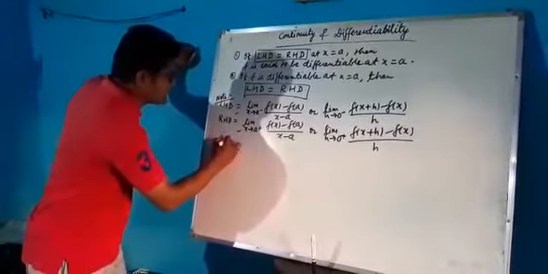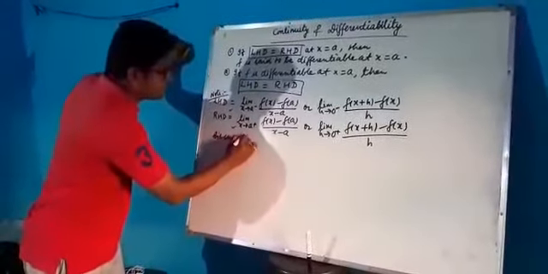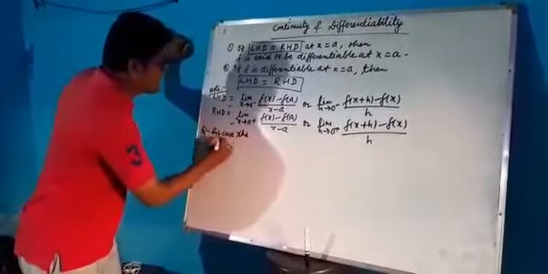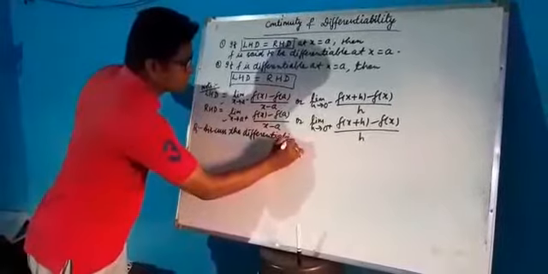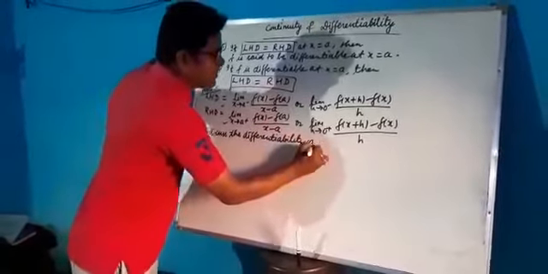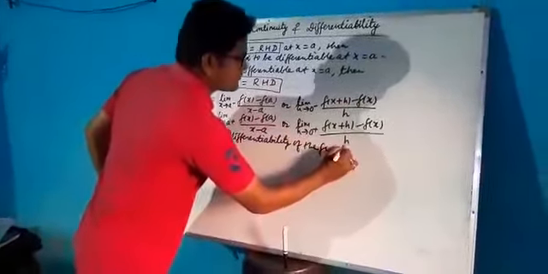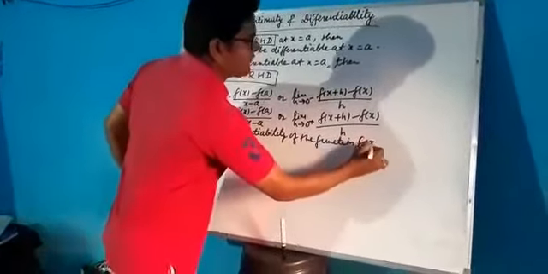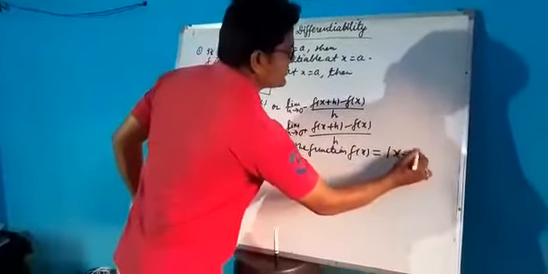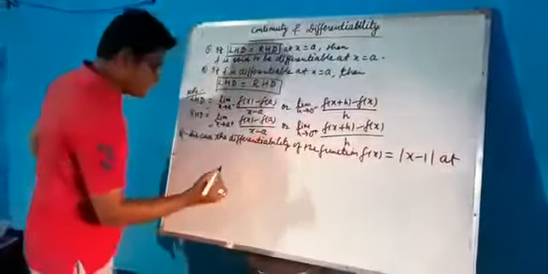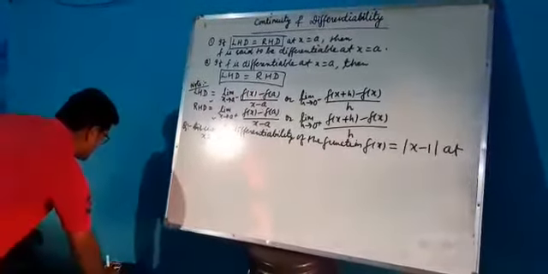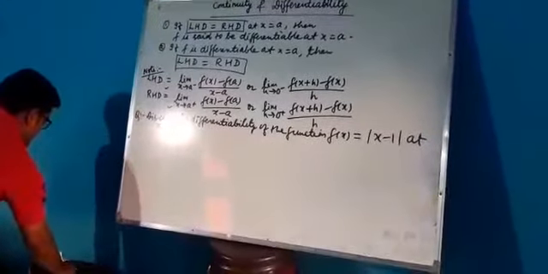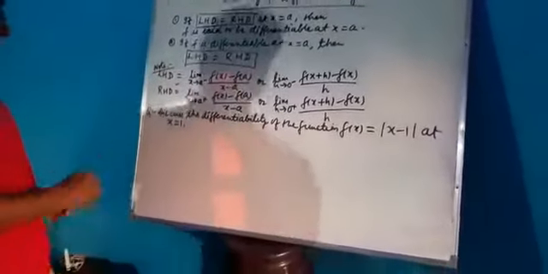So let us discuss the differentiability of the function f of x is equal to modulus of x minus 1 at x equal to 1. x equal to 1 is a particular value at which we have to check the differentiability of the function.